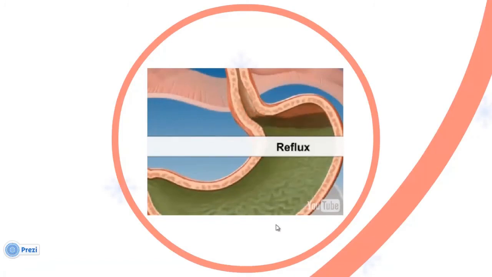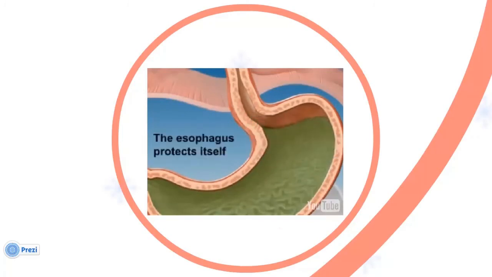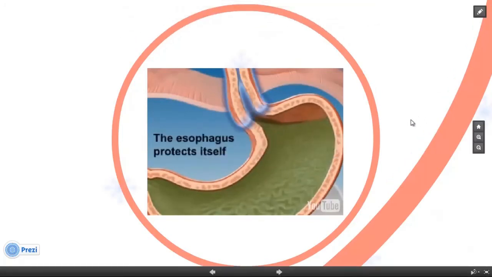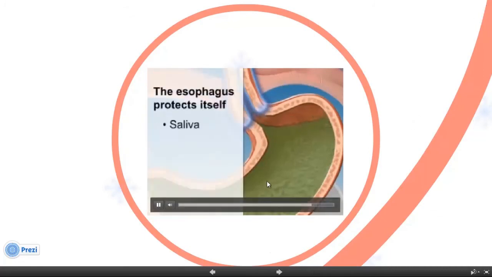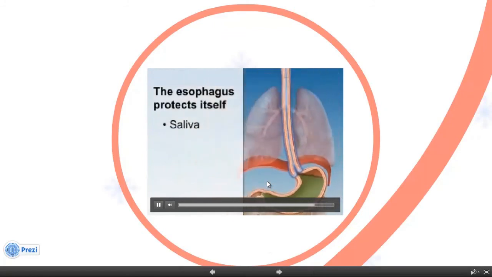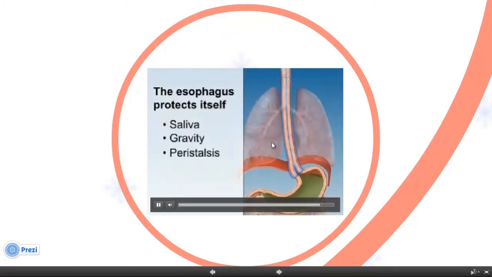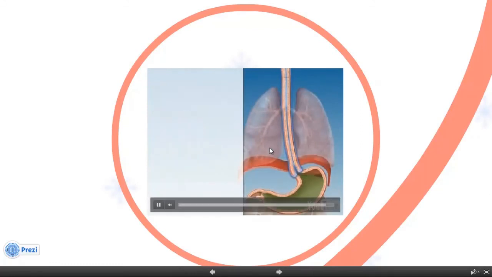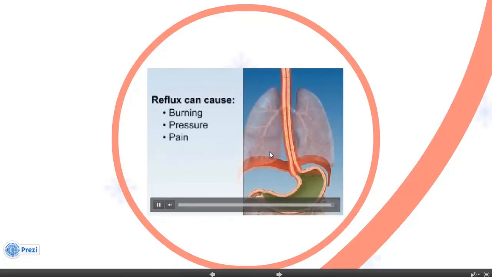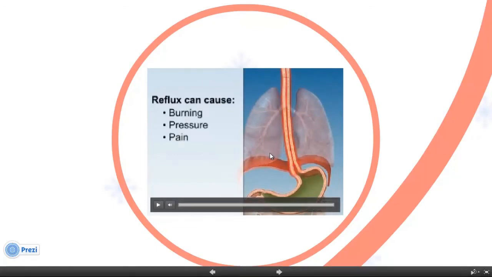Occasional reflux is normal, and much of the time it never causes any problems because the esophagus also has some ways to protect itself. For example, the saliva in your esophagus can help neutralize stomach acid, and gravity and peristalsis help to wash the saliva and stomach juices back down into the stomach. But other times, reflux can cause the burning, pressure, or pain in your chest or throat that most people.